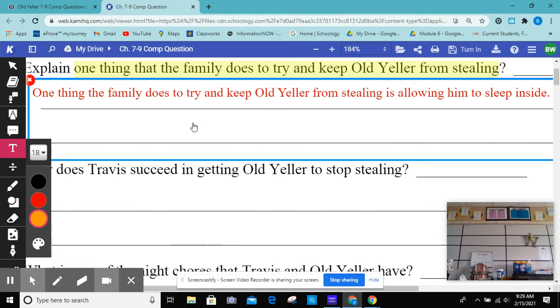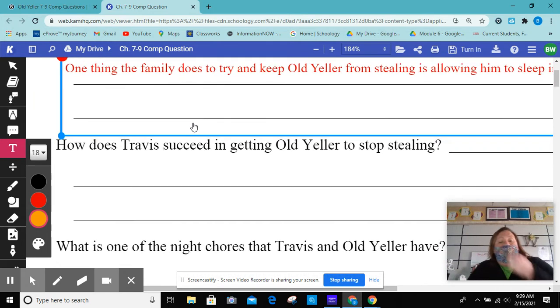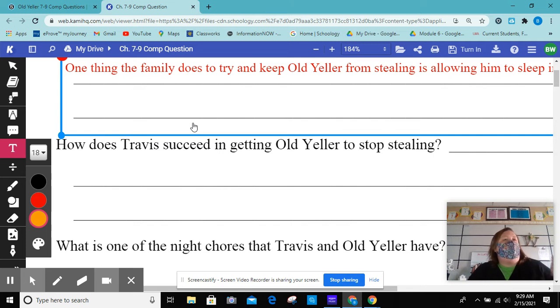Okay, number 2 says, how does Travis succeed in getting Old Yeller to stop stealing? Now, the first thing I want to know is, how would you restate this question in your answer?